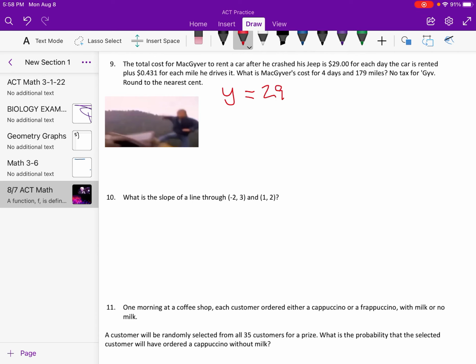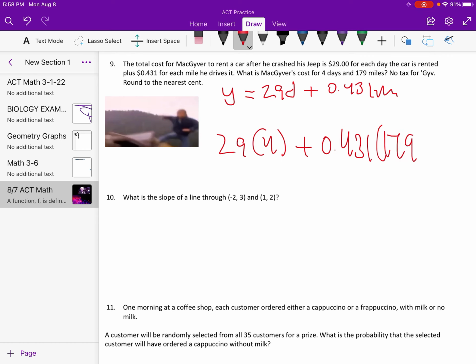We got 29 per day, so 29D plus 0.431M. So what's the cost for that? No tax, okay? Well, all we have to do is plug in what it says, 4 days, 179 miles. And when we do that, we get $193.15.